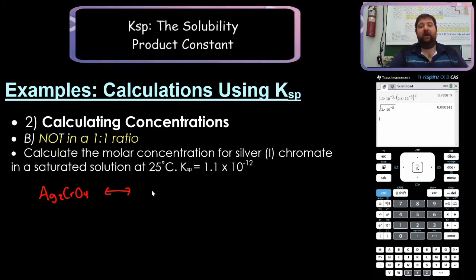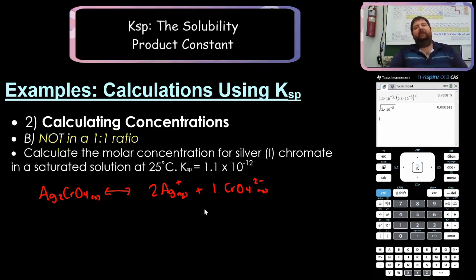And that's going to break into 2 Ag+ and 1 chromate, which has a charge of 2-. Of course, this is solid, and these are aqueous.